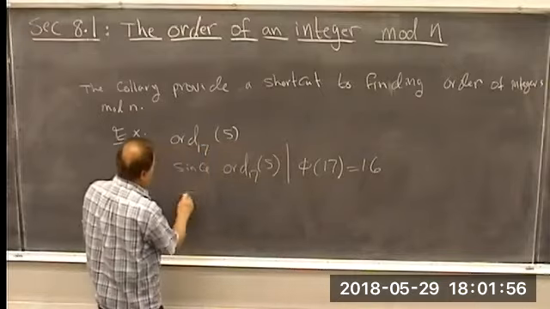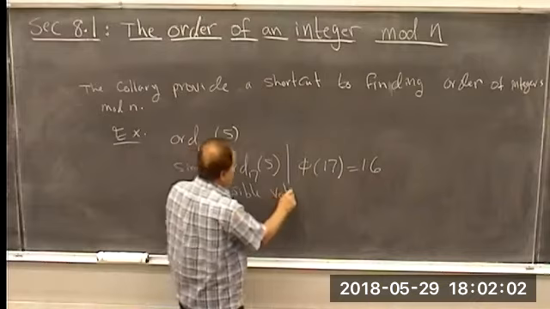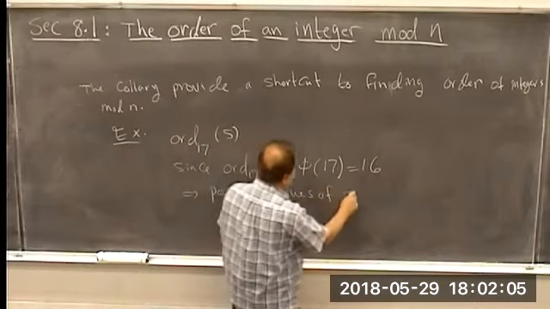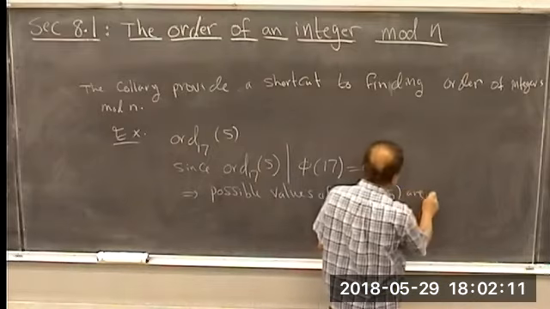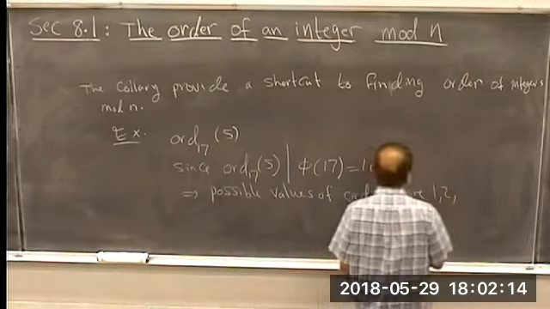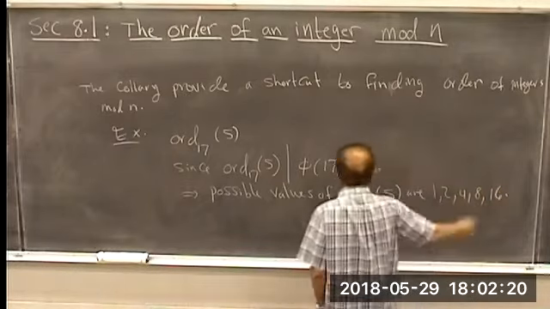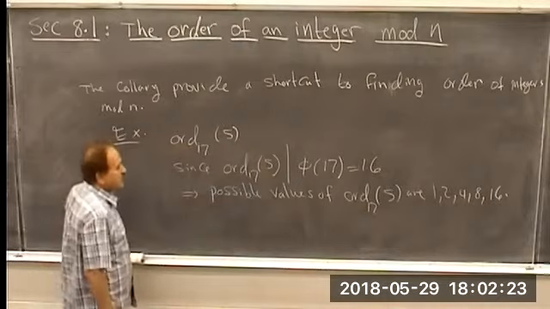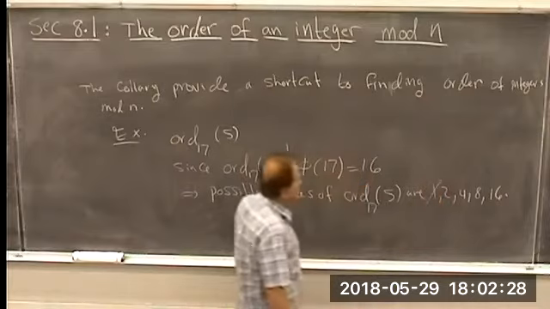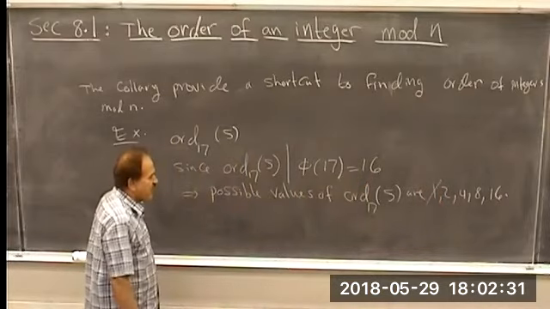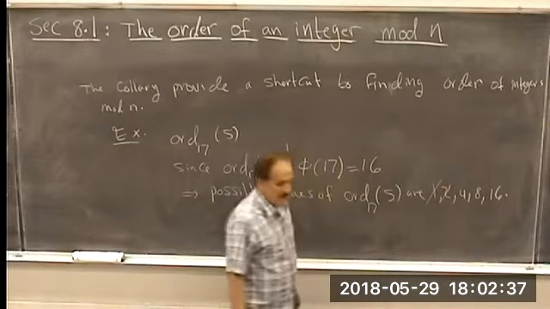This implies that the possible values of the order of 5 mod 17 are the divisors of 16: 1, 2, 4, 8, and 16. So there are far fewer numbers to actually try. And of course, it's not 1. Check this one, 2: 5 squared is 25, and 25 is not congruent to 1 mod 17. How about 4?